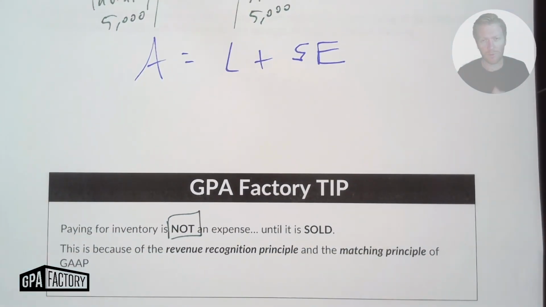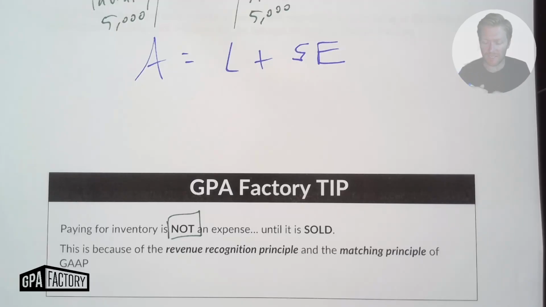This is very important. We will talk about this a lot more in future videos as we get into the expense recognition principle, or at what points in time we actually record expenses. But when we first buy something that we plan on reselling, it doesn't actually become an expense yet.